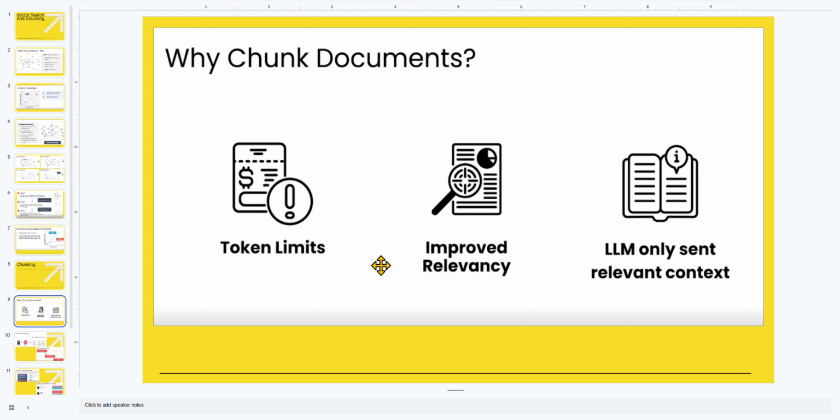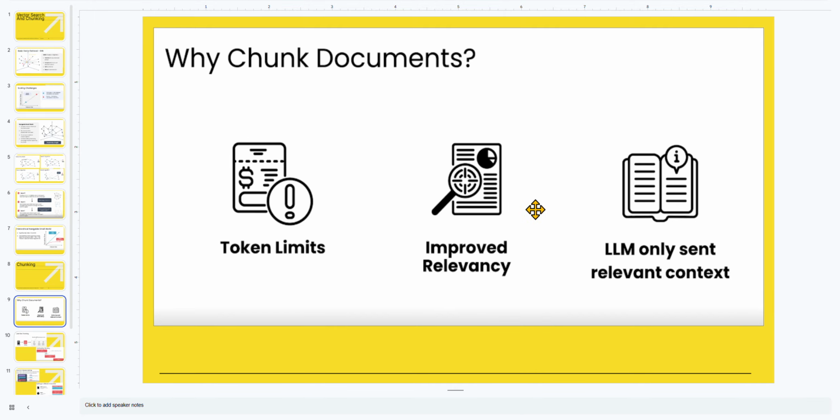So you don't want to dump an entire document to the LLM, and it can still hallucinate because it still has to figure out where exactly the answer to your question is. Let's say the question is when was the city Bangalore renamed to Bengaluru? If you pass a 1,000-page document to it and tell it to figure it out, what's the whole point of doing a RAG system itself? So yeah, that's one reason why we do chunking.